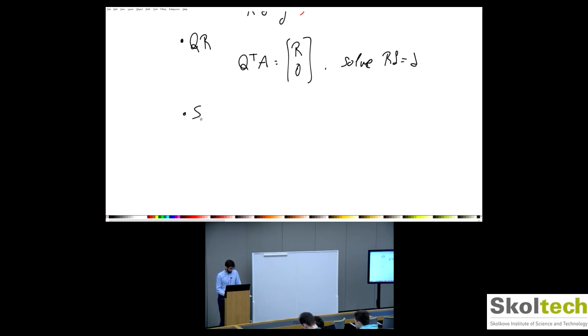Okay, and then we talk about the Schur complement. If you remember, what we use is that if we have an information matrix, the block corresponding to landmarks, in case that we had landmarks, is diagonal, right?